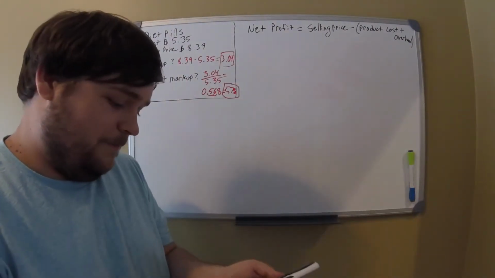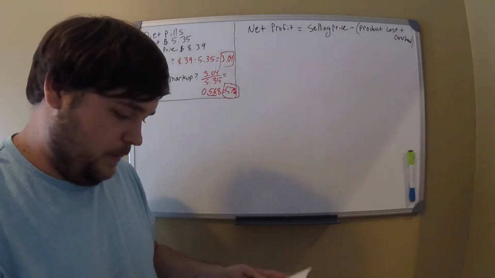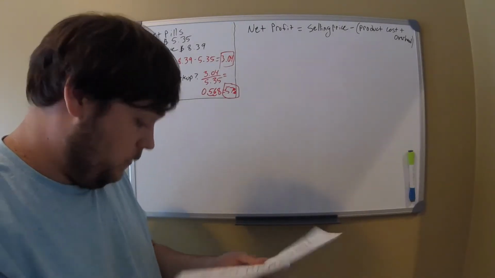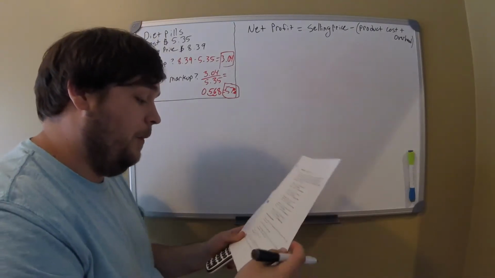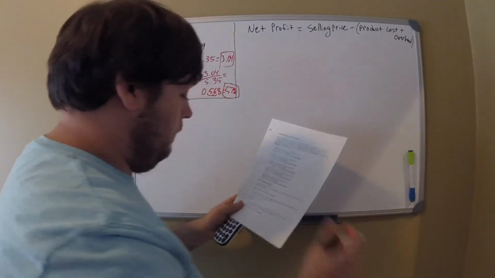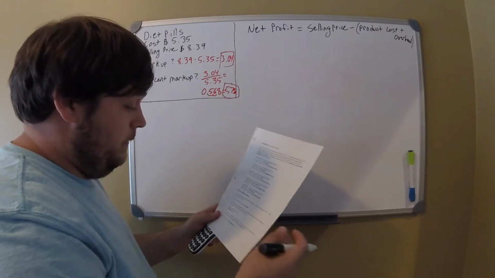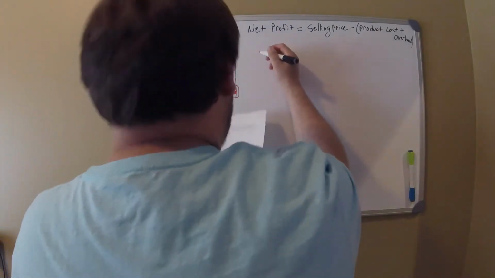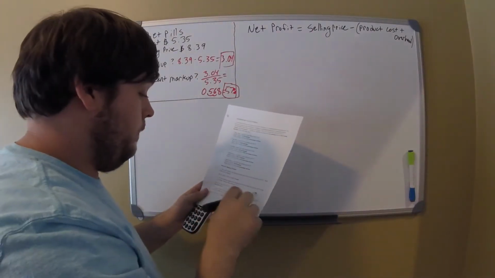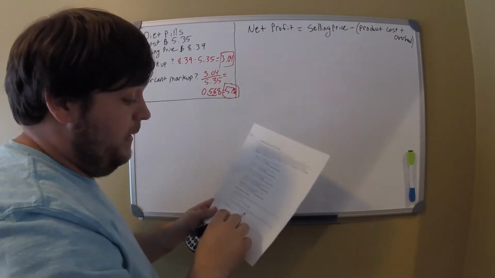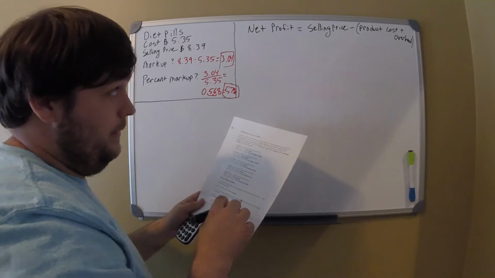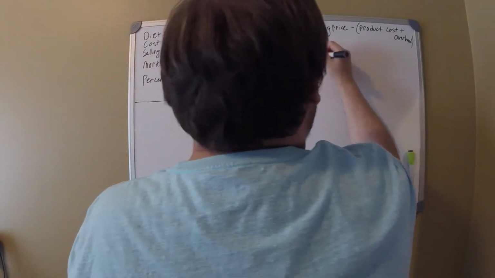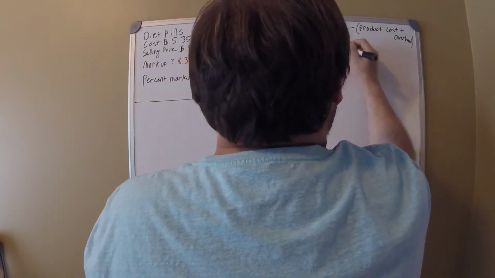Our next problem is that the cost of notebook paper is 59 cents. We're going to be looking for net profit here. The store sells the product for $2.69. So the sale price is $2.69.